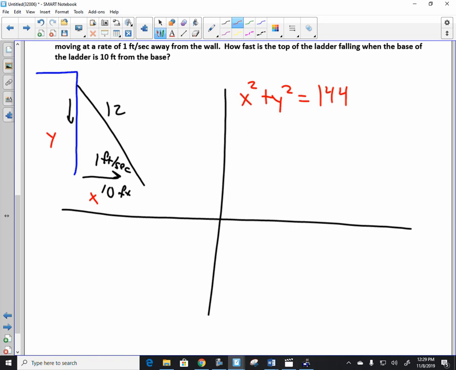So I'm going to list these things: x, x prime, y, y prime. These are obviously the pieces that will be in place. Which one of these things do we currently know? I know x, it's 10. And I know x prime is 1. Because it's moving 1 foot per second away from the wall, the rate of the horizontal movement is 1 foot per second.